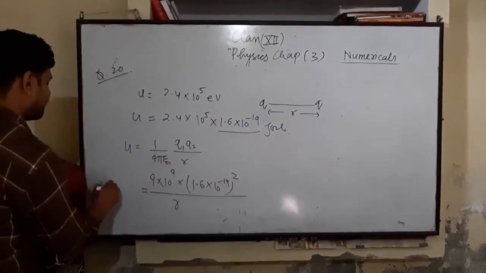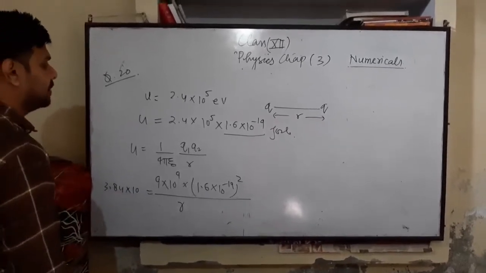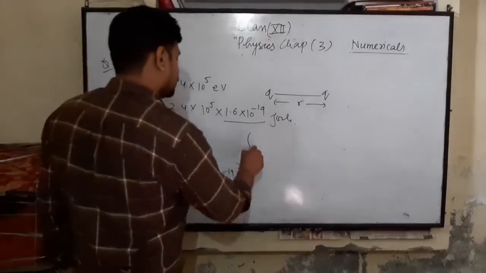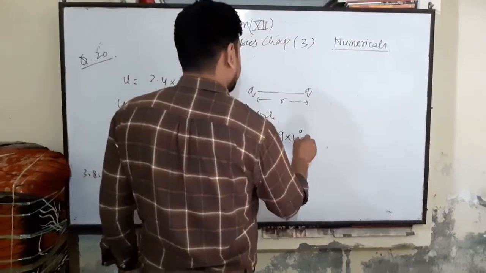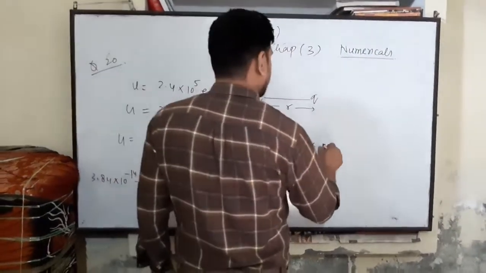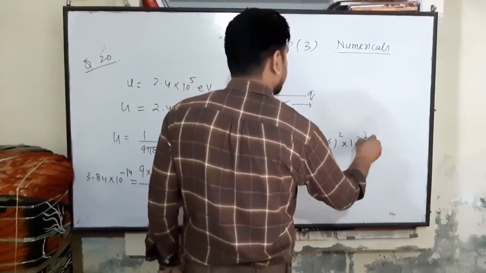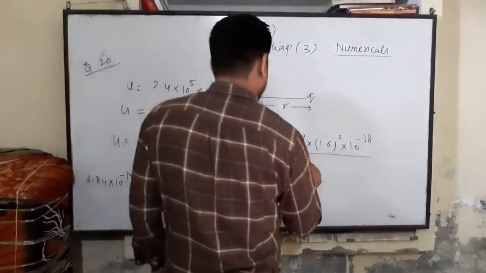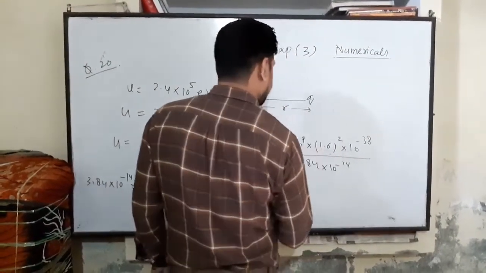The value of U is 2.4 into 1.6, which is 3.84 into 10 to the power minus 14. So R is equal to 9 into 10 to the power 9 into 1.6 whole square into 10 to the power minus 38 upon 3.84 into 10 to the power minus 14.